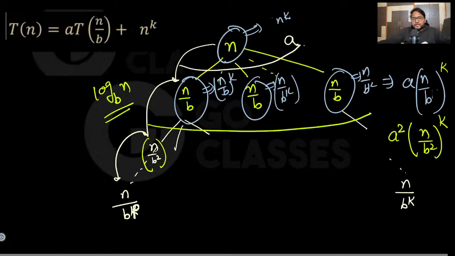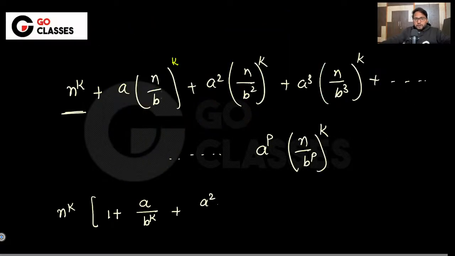Here we have a square terms, and each of these will be doing n upon b square power k. So here you will be getting a square into n upon b square. We have already taken n power k common, so a square upon b square power k, plus a cube upon b cube power k, something like this.